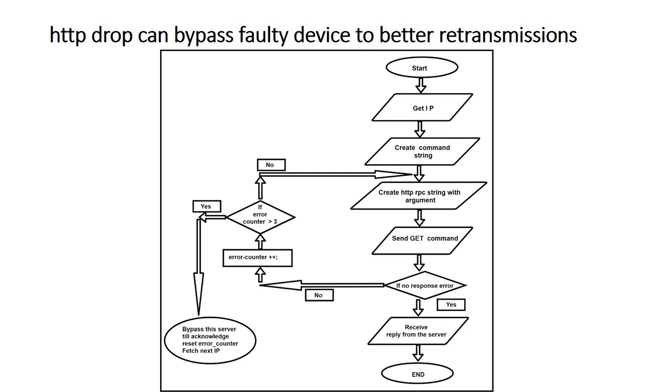So in this case, suppose there is an HTTP drop happening, the response is not coming properly. That means you wait only 3 times. After that you remove that device permanently from communications, and bypass the device. That means that device IP is noted and no more communication will happen even if you ask it to communicate. This is an application layer mechanism which is used to reduce the traffic due to retransmissions.